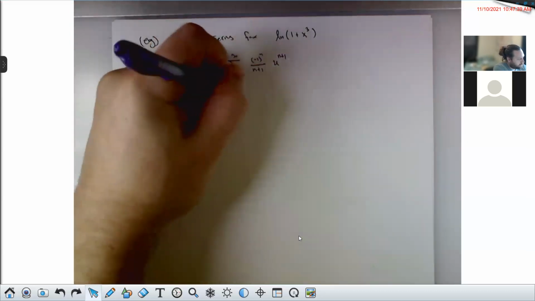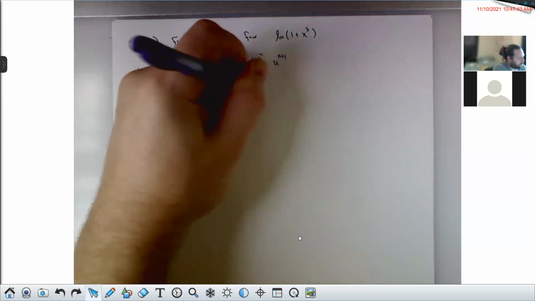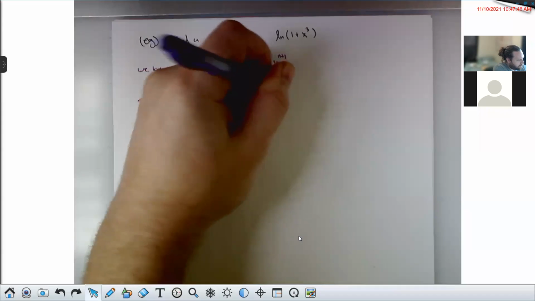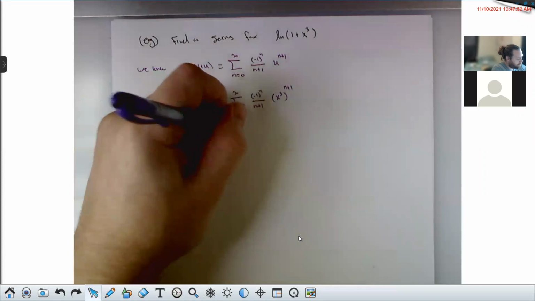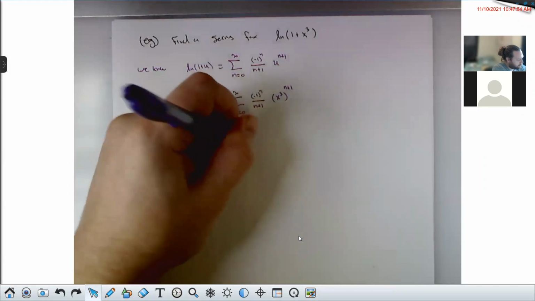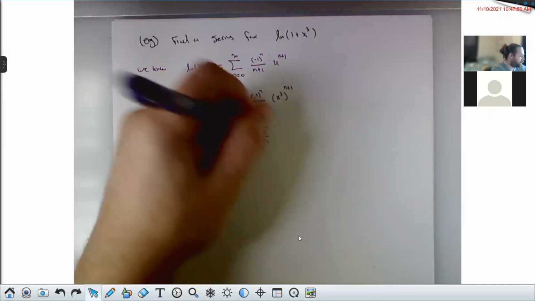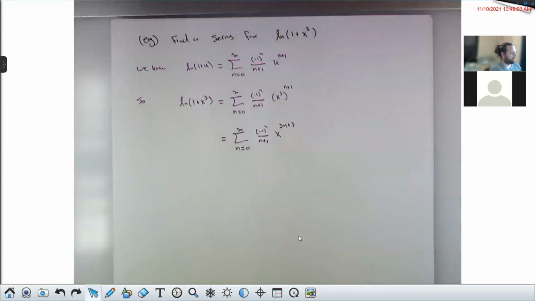It has to be sigma n from 0 to infinity, negative 1 to the n over n plus 1 times x cubed to the n plus 1, which can be cleaned up as sigma n from 0 to infinity, negative 1 to the n over n plus 1 times x to the 3n plus 3.